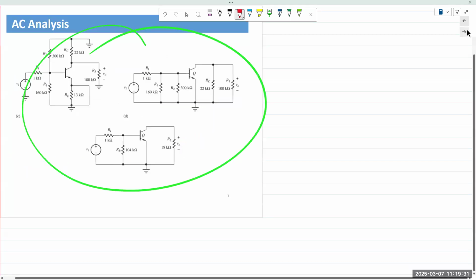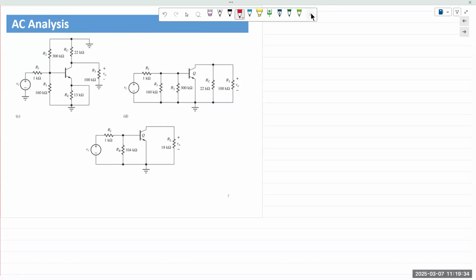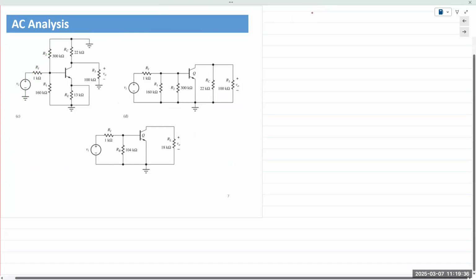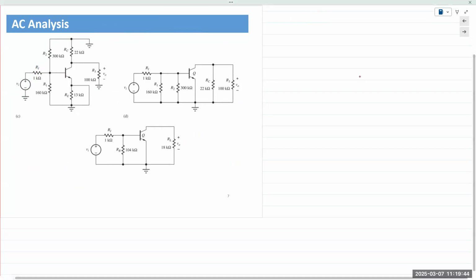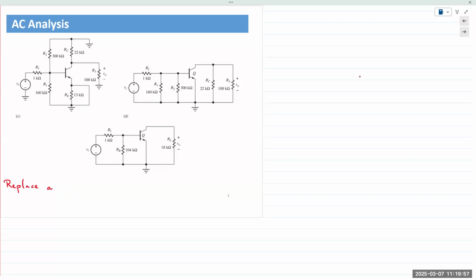So speaking of AC, if we wish to perform AC analysis, we do the same thing, but we replace all capacitors and inductors with their AC equivalents.